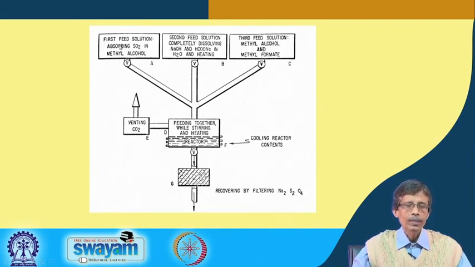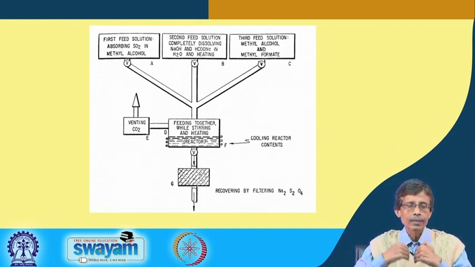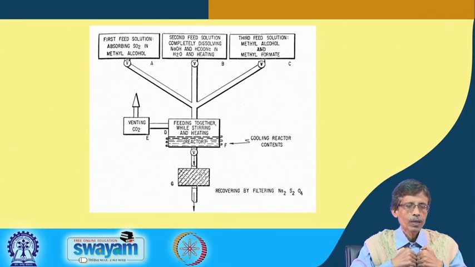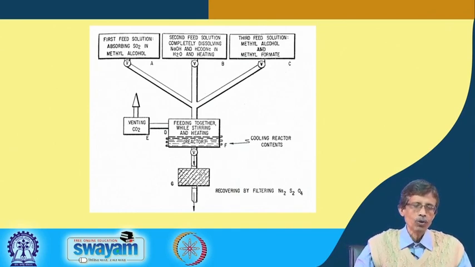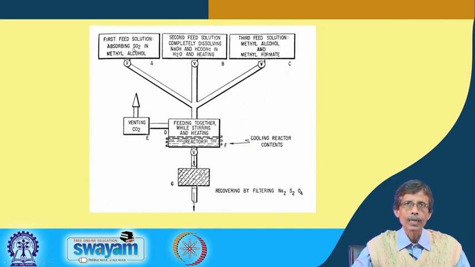So, what we have in the reactor basically, how you feed the reactor: it is fed from a solution which we consider as the first feed solution, which is nothing but a saturated methyl alcohol solution saturated by sulfur dioxide gas.